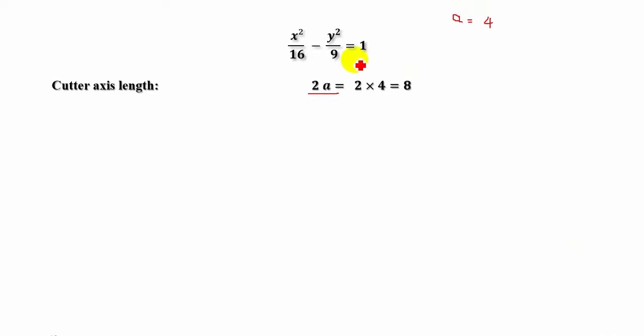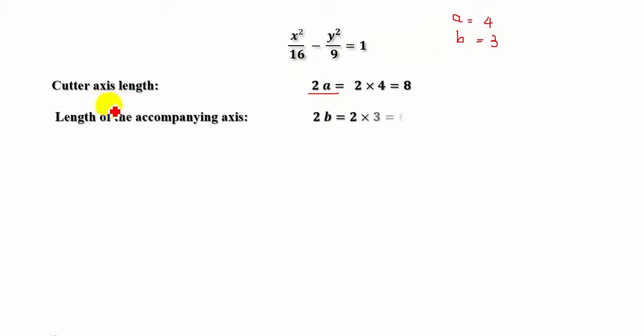And b will be equal to 3. So now I have a and b.